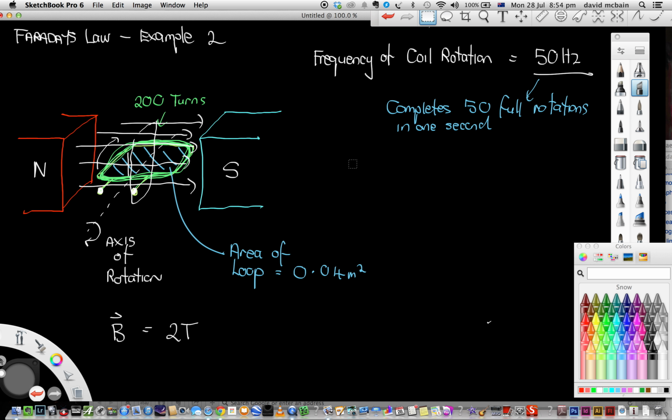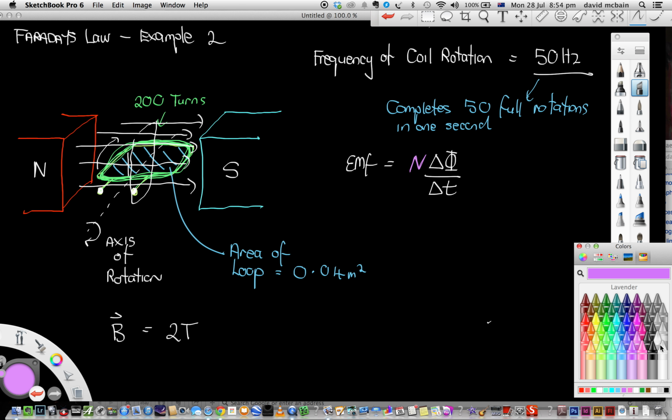So the EMF is going to equal, now we've said before, it's the rate of change of flux. But that applied to one single turn of wire. If there's more than one turn, we need to multiply that value by the number of turns. So it's going to be n times the rate of change of flux.